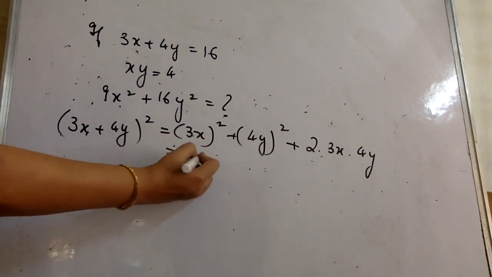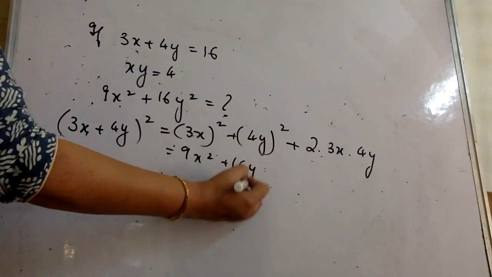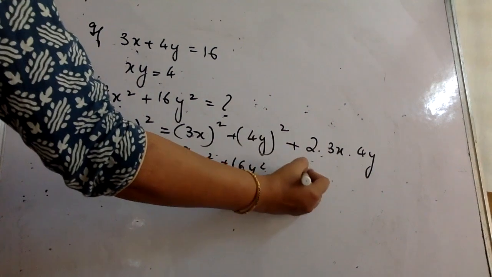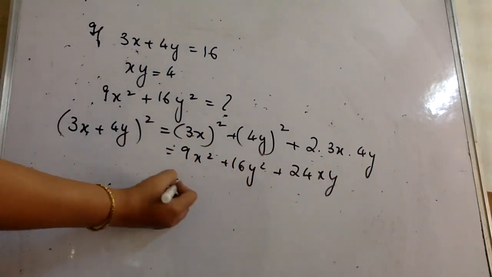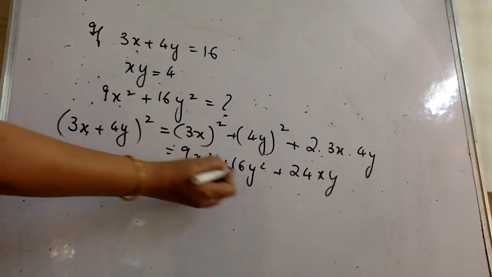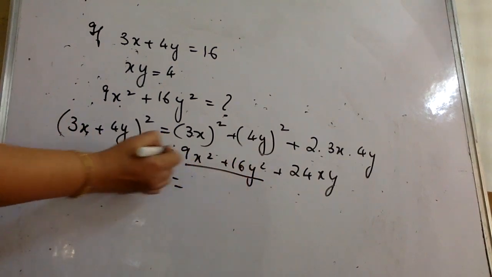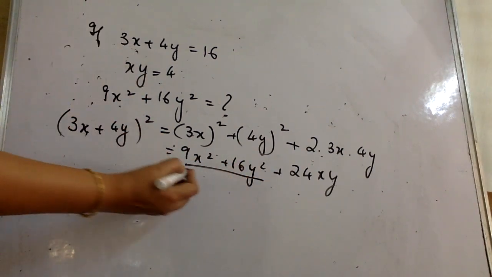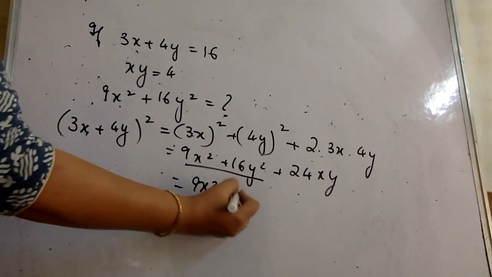This is 9x square plus 16y square plus 24xy. Here I have got the expression that they wanted, and I am not going to disturb it. I am going to keep it exactly like this.